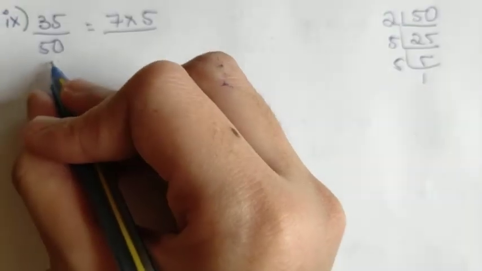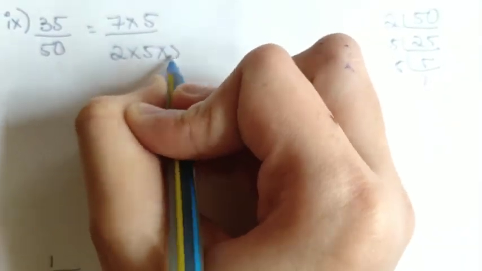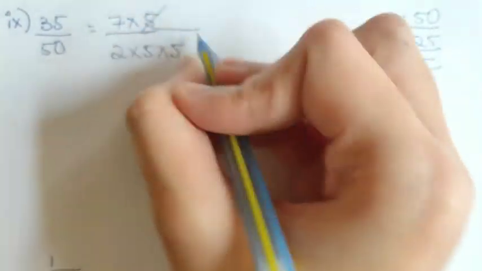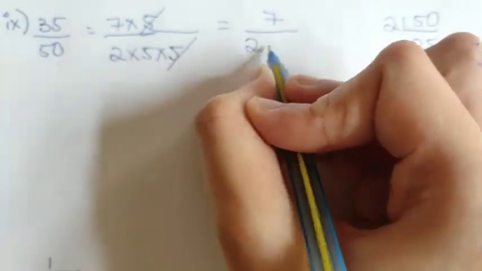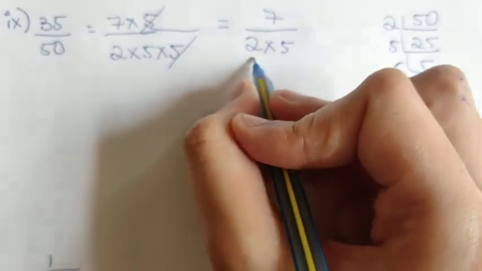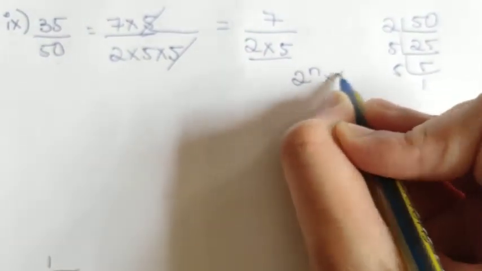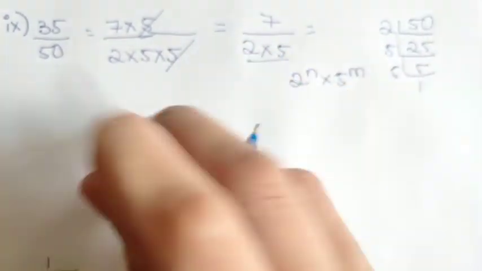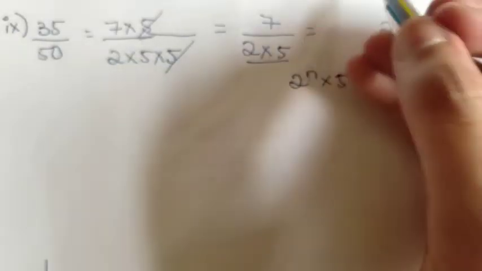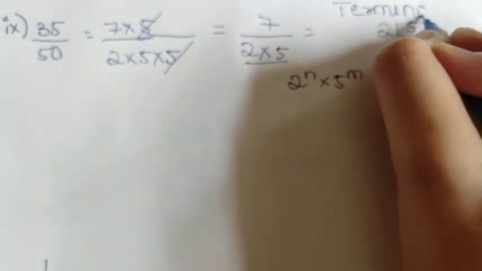So this 50 can be written as 2 into 5 into 5. Now I'll cancel this 5 and this 5, that becomes 7 by 2 into 5. So you can see that this 2 into 5 is in the form 2n into 5m. Okay. So here we can conclude that this number is a terminating number.